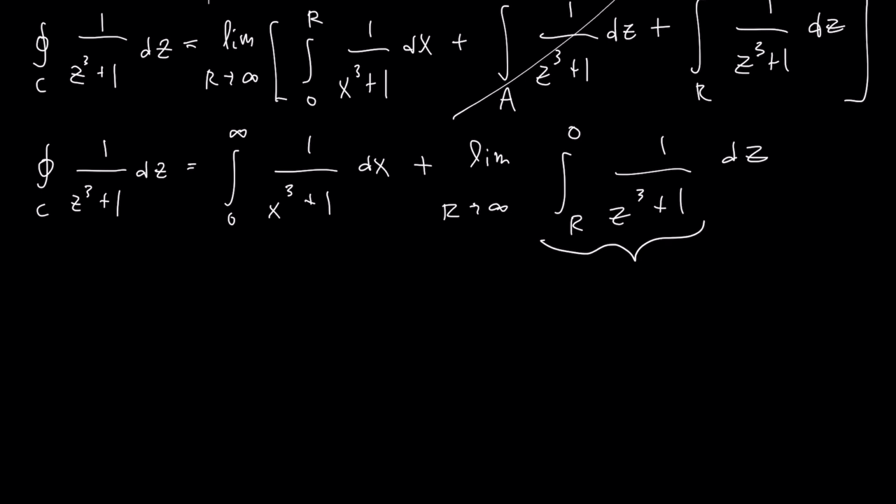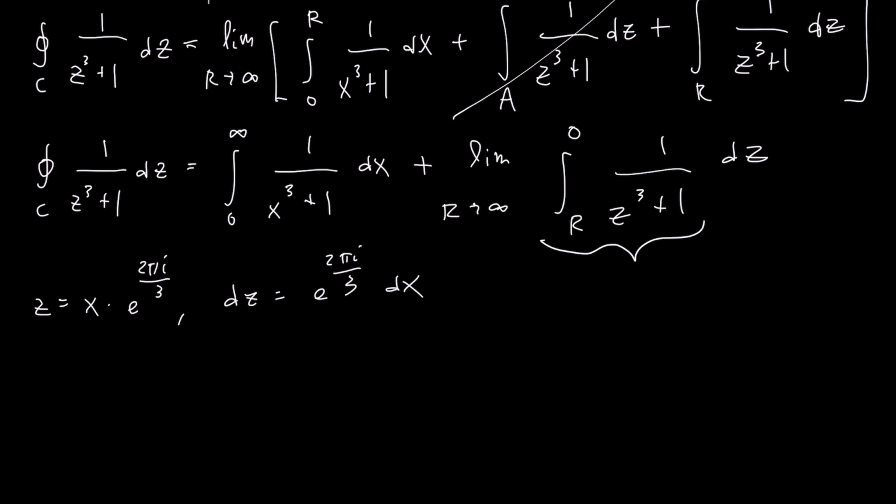And for this integral, we'll make a substitution. So we're going to let z equal x times e to the 2 pi i over 3. That means that dz equals e to the 2 pi i over 3 dx.